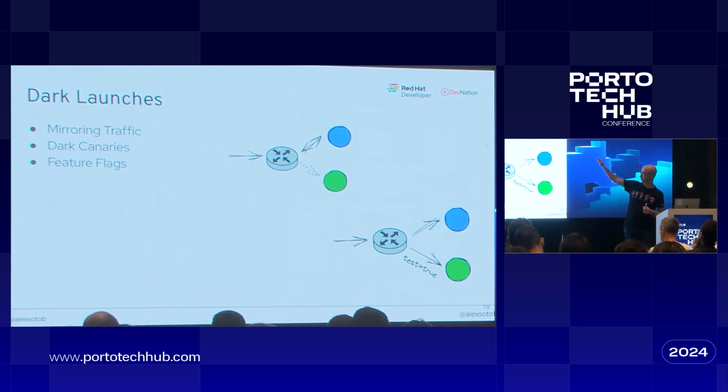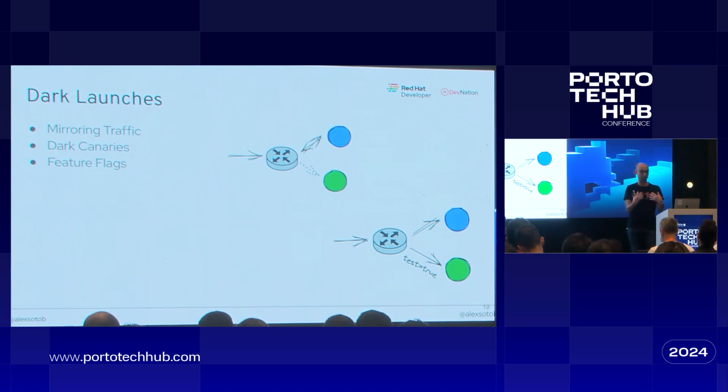But if you see, in the blue one there is a bidirectional arrow, which means that I send the request, I wait for the response, and I send back the response. So everything works as expected. In the green one there is only a unidirectional arrow, because what I'm doing here is a fire and forget request. I send the request, but I don't care about the response.